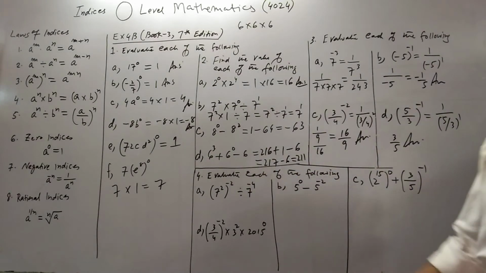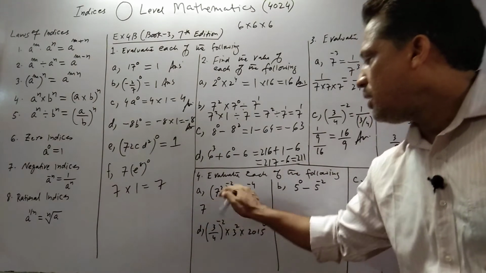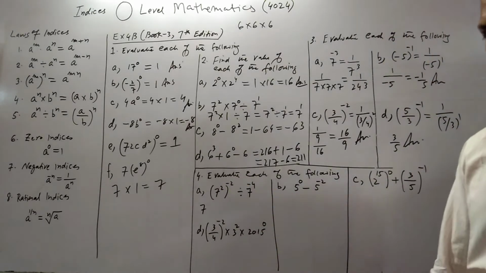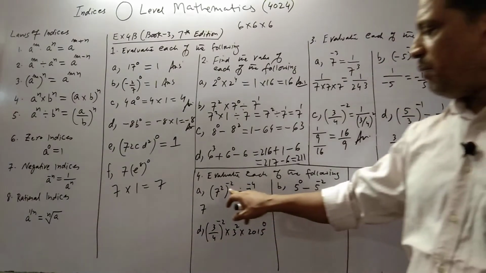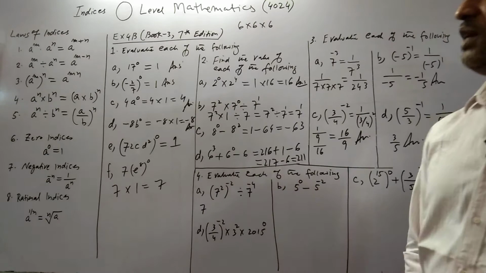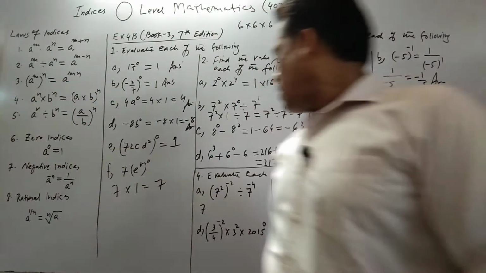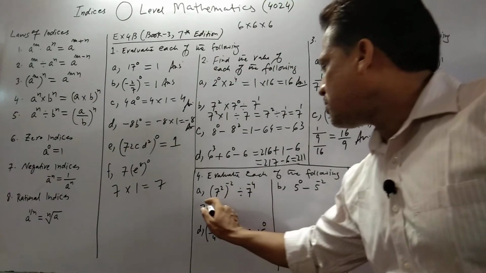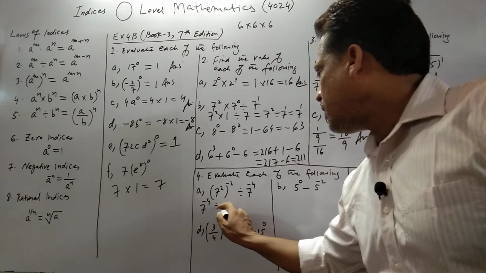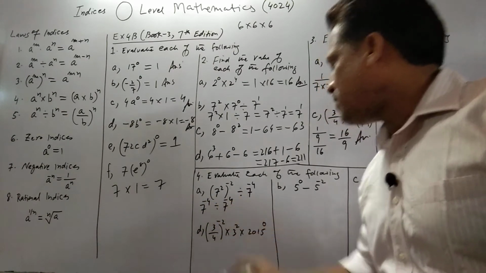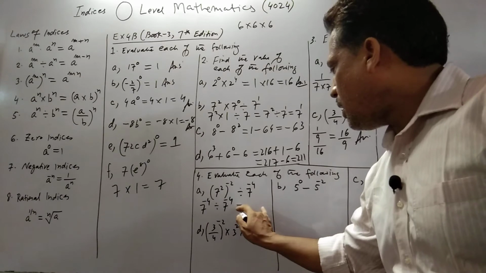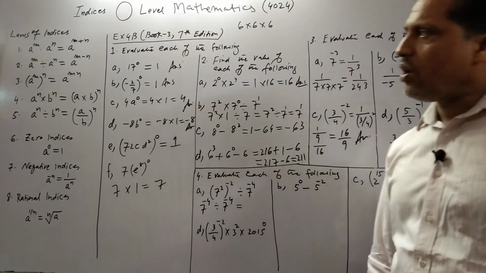It's very, very easy. 7 square to the power minus 2. First, multiply. Power to the power is always multiply. See law number 3. So 2 into minus 2 is minus 4, divided by 7 to the power minus 4. Apply which law?